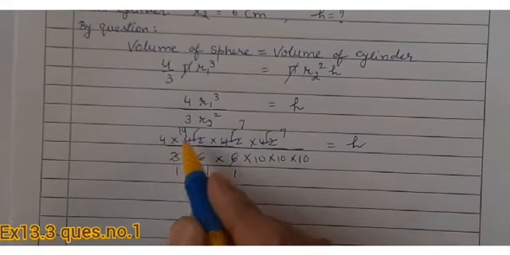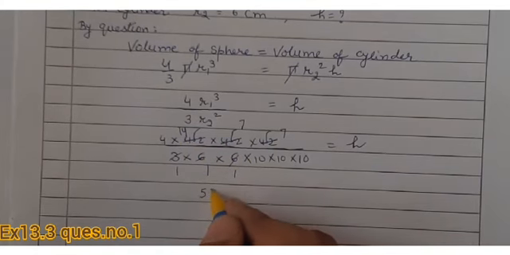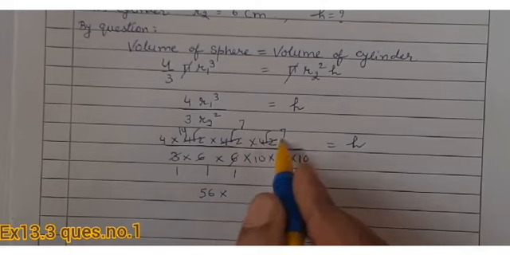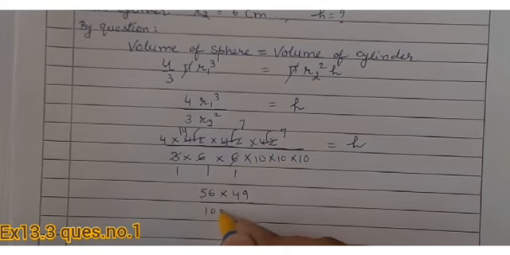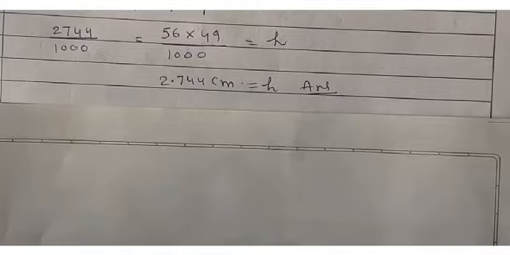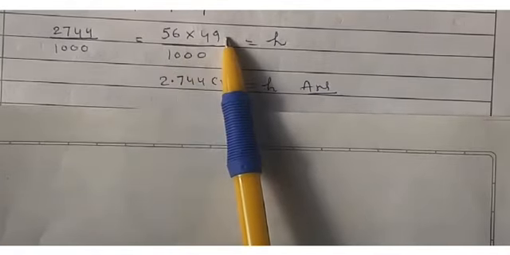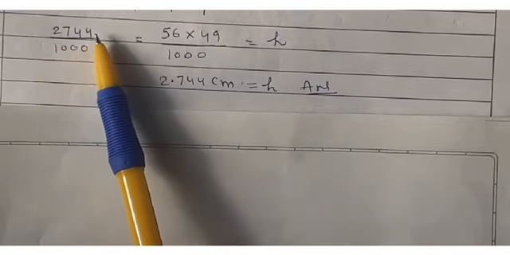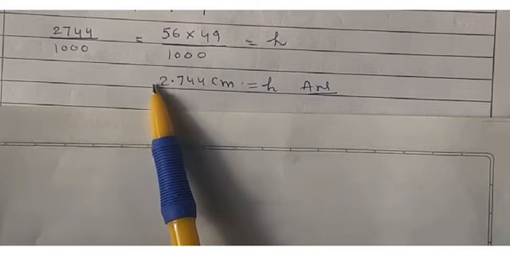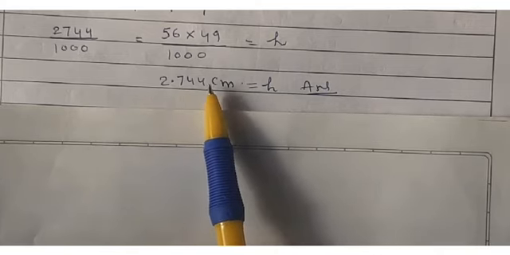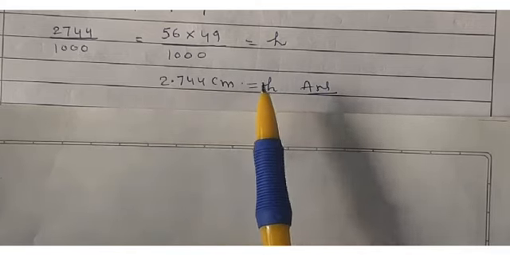Then 14 4s are 56, and 7 7s are 49, upon 1 2 3 zeros, and this is your h. When you multiply 56 into 49, you will get 2744 and divide by 1000. What will be the last answer? 2.744 centimeter. This is the height of it.